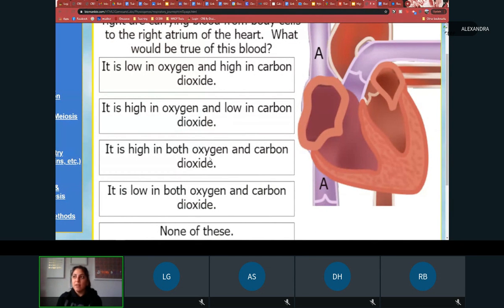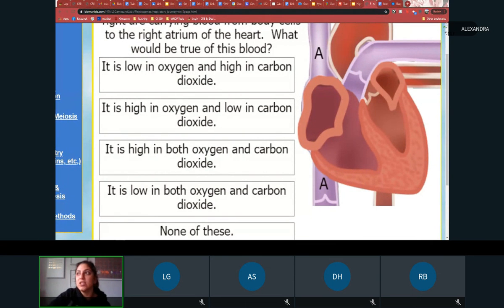Think about this, okay? If blood is coming back to the heart, then what does that mean? It's already done, right? So if we've got blood coming back to the heart, what does that mean? Okay, so go ahead and look at this question. Think about those answers. This might be our last one for today. What do we think?